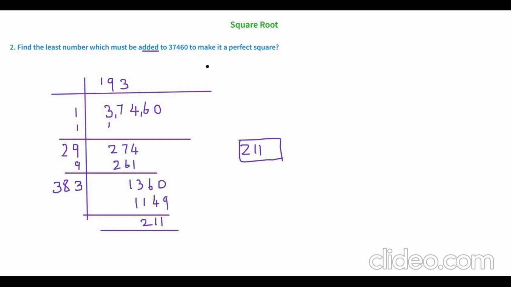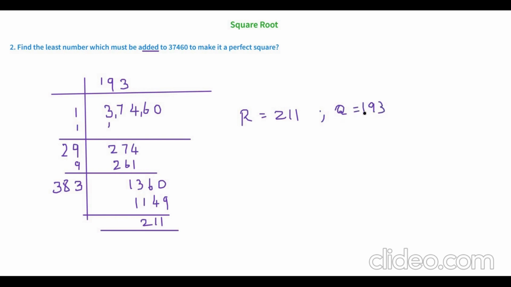So isn't it easy? You could just leave it with this, or you can find the next number. But it's better we stop with this. In the previous question we just directly subtracted the remainder, but here the remainder is 211 and our quotient is 193.